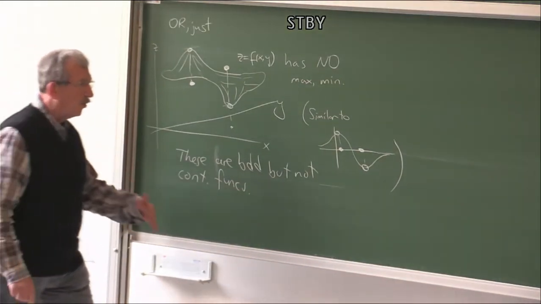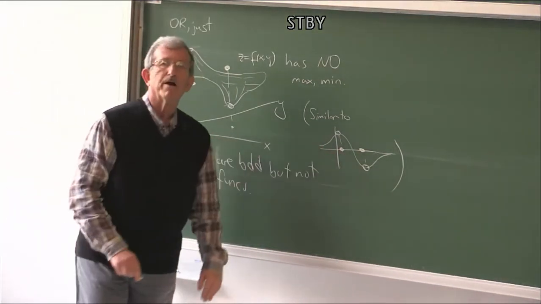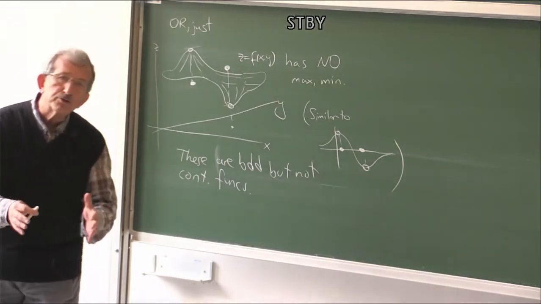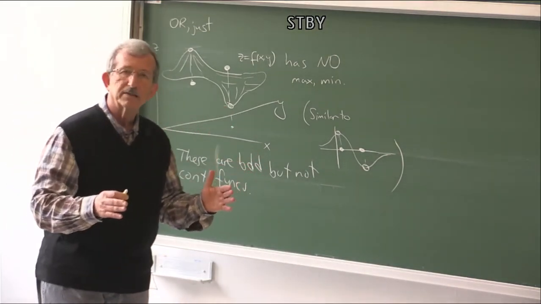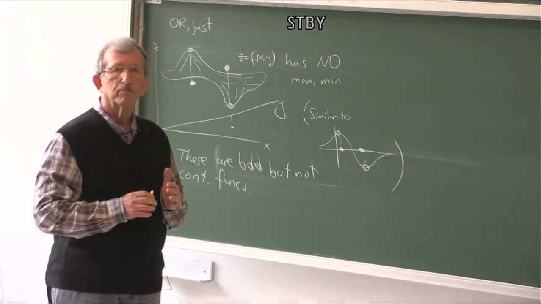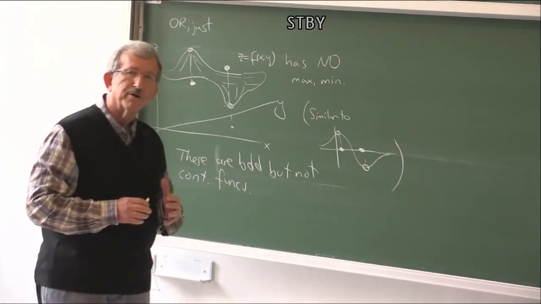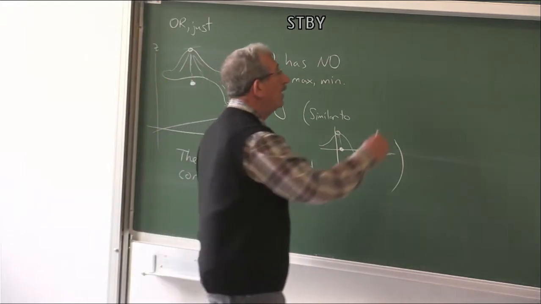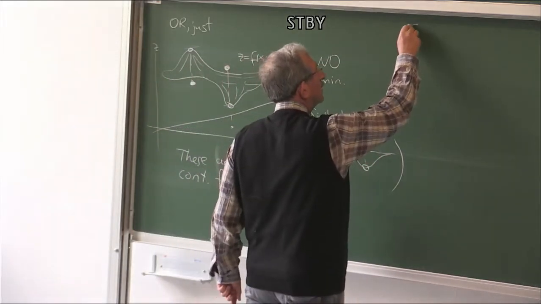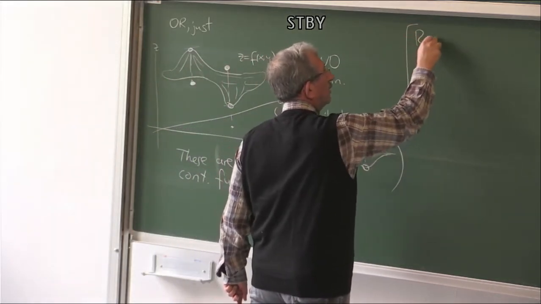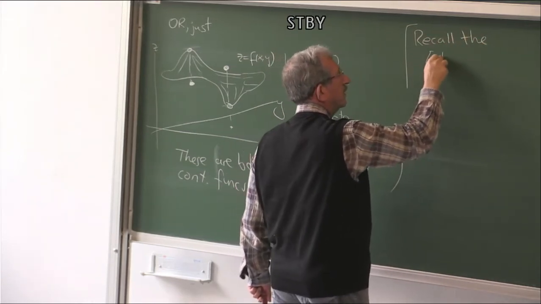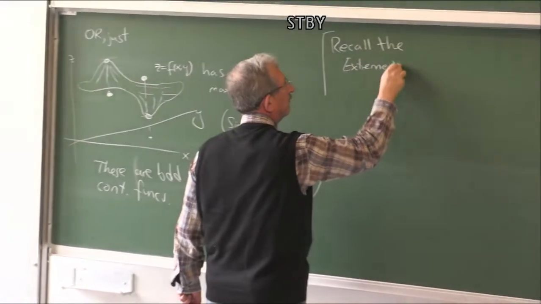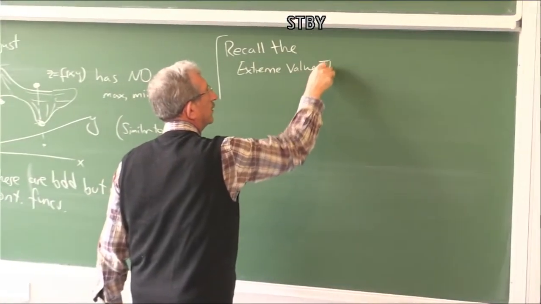And we know that in the case of one variable, if a function is continuous on a closed interval, then it has a minimum and a maximum. Well, we have a similar theorem here. Let us recall the extreme value theorem.